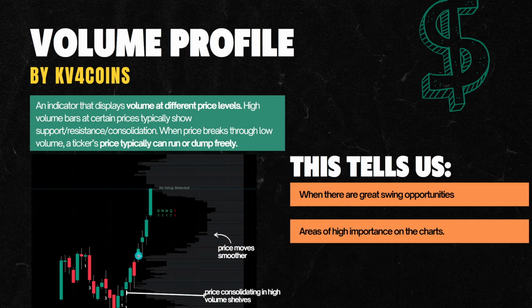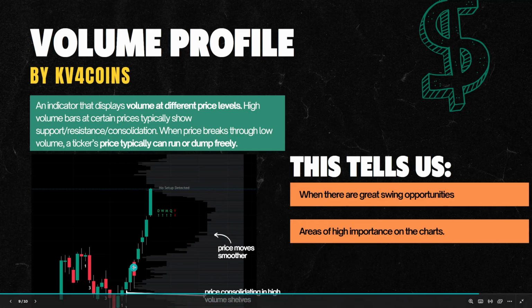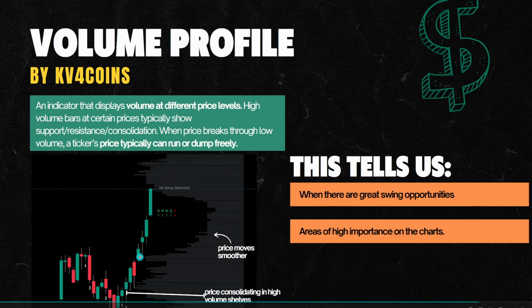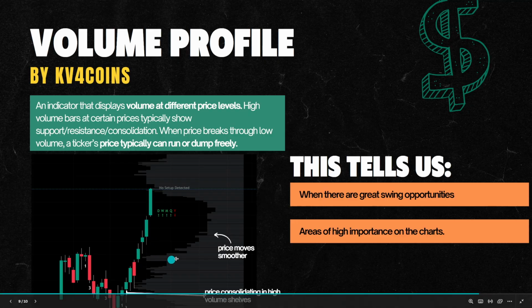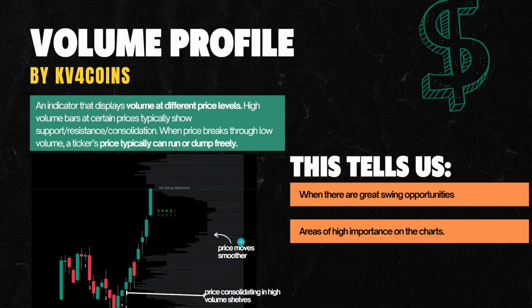But when we see this giant lower volume area and we break through there, what's going to happen? We just smoothly set sail. We just go, because we can go from one area of high volume all the way past all this low volume, all the way to where the next high volume area is. So that might be where resistance is on this stock. Okay.